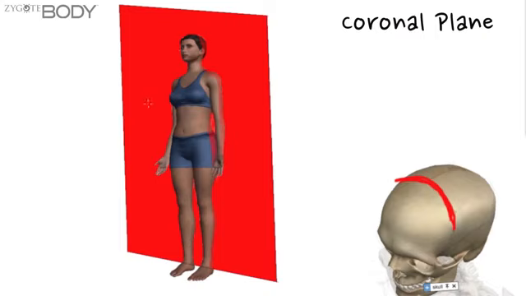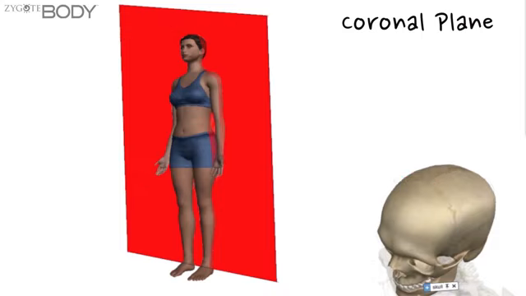Lengthwise, this plane runs from side to side, and it divides the body or any of its parts into anterior and posterior portions. This can also be called the frontal plane.